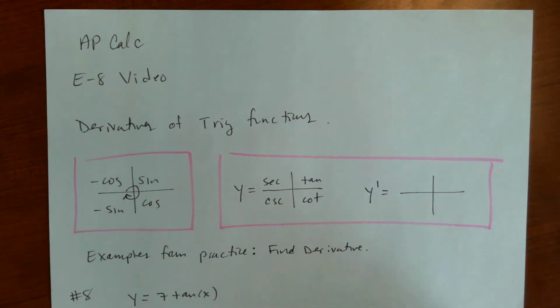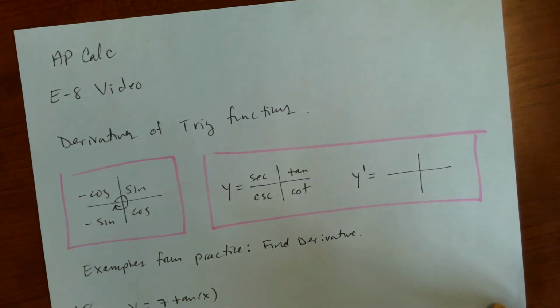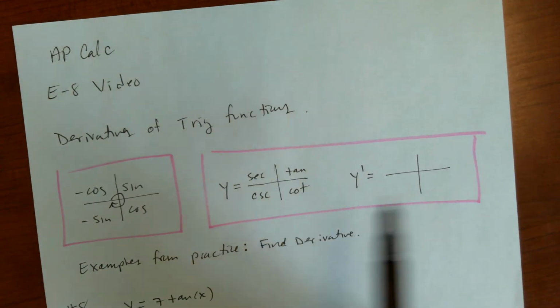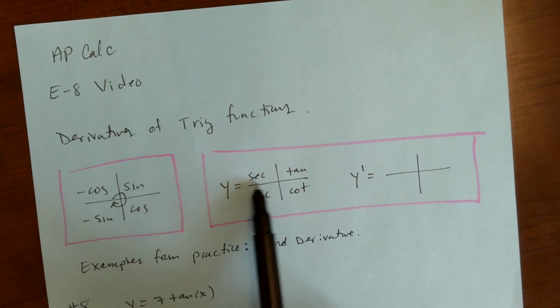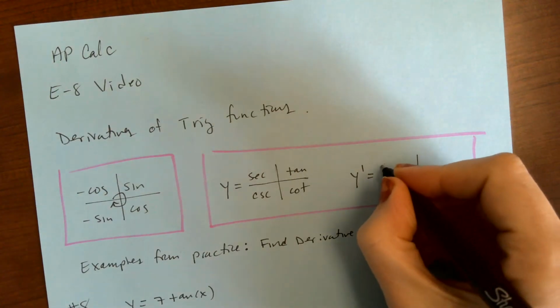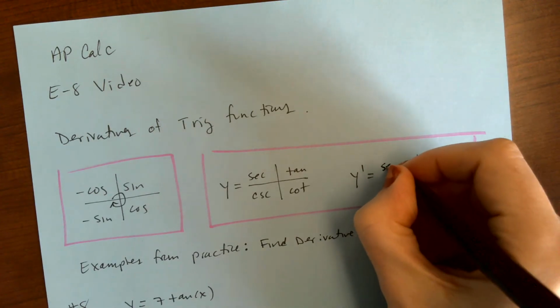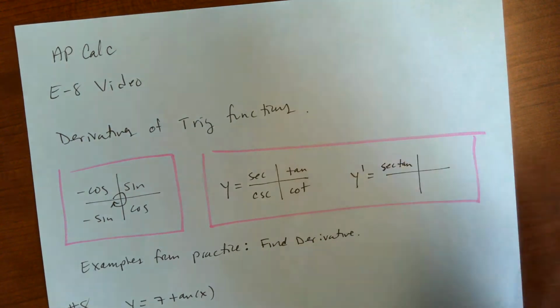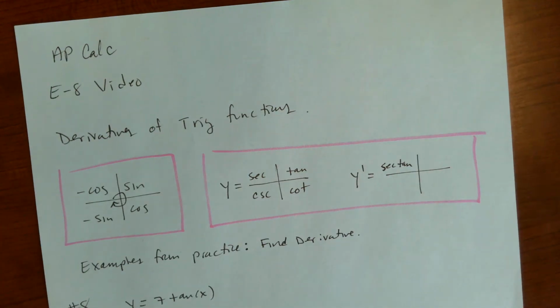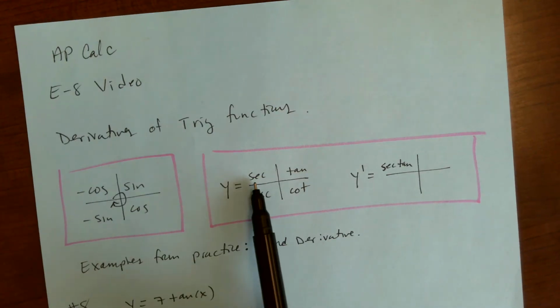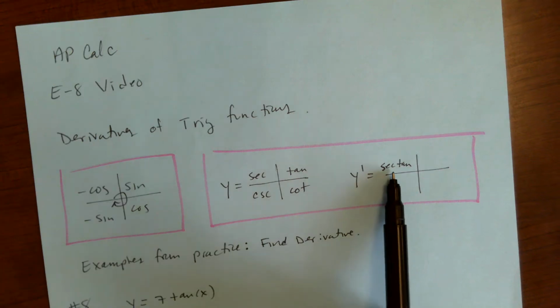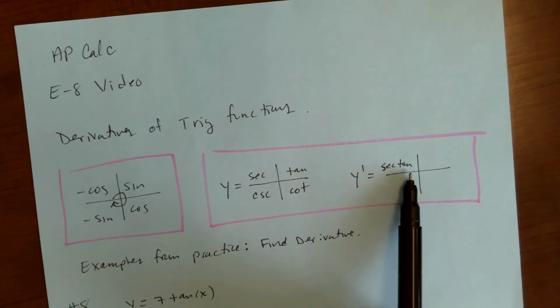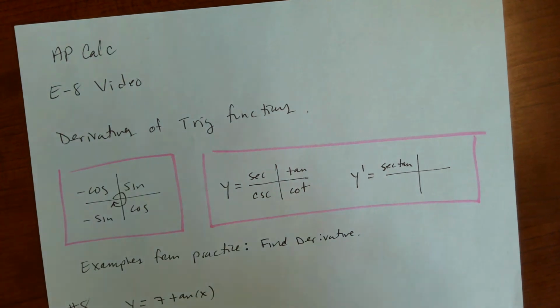The way that this goes, the derivative of secant is secant tangent. And guys, I'm not putting the x, so really this should be secant of x, tangent of x, but this is just how we remember them, so I'm not going to write the x in.